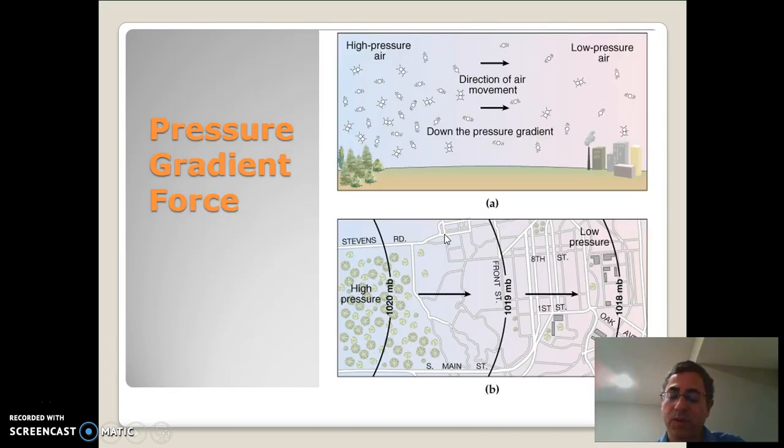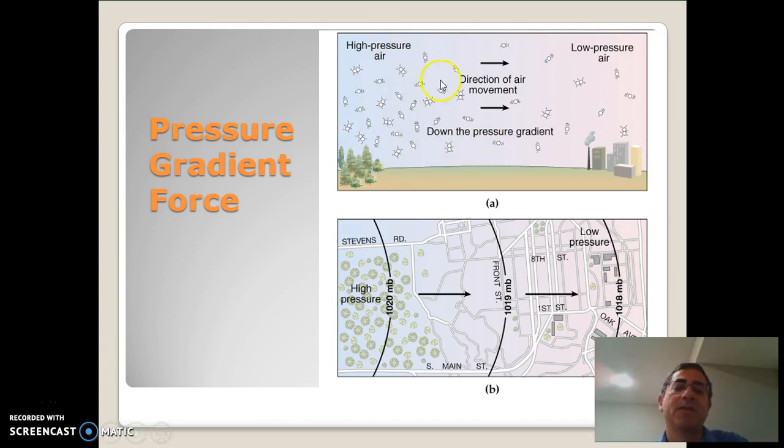So the pressure gradient force is the force that happens because pressure varies from one place to another. Gradient means change over distance. So when we go from high pressure to low pressure over a given distance, we have what's called a pressure gradient force.